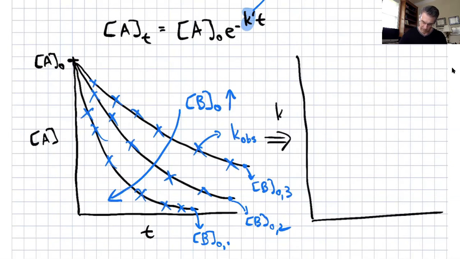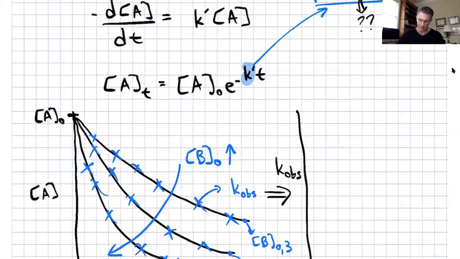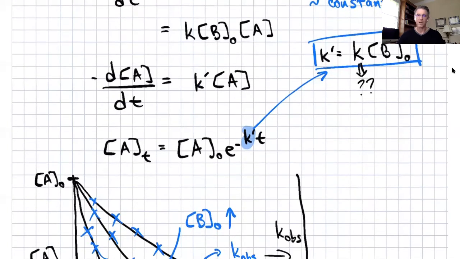So we're looking at K observed on the y-axis, and now as a function of concentration of B0 on the x-axis. And what would it look like? If you go back up and you look at our definition of K prime, which is now effectively what I'm calling my K observed, it's just a line, right?